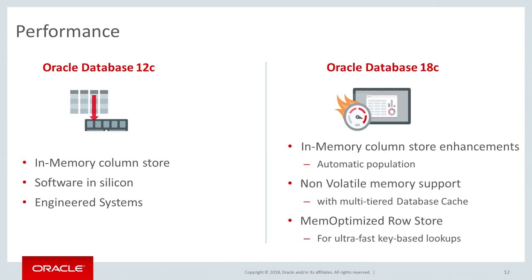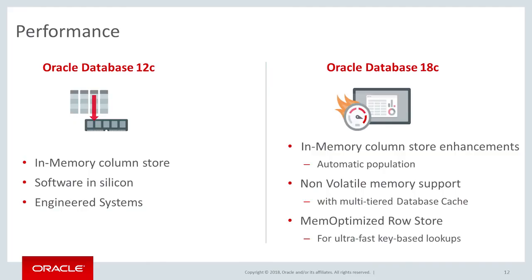First off, let's talk about in-memory once again. One of the challenges DBAs currently have is what to put into the in-memory column store, and more importantly, what to take out of the in-memory column store to ensure consistent fast performance. So we can now automate the population of in-memory column data from disk to memory.